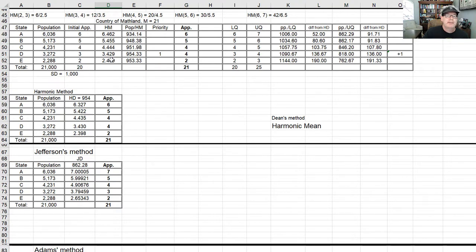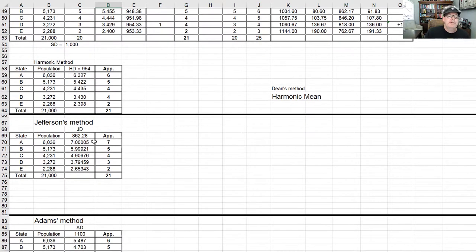So find the harmonic mean from where to round. And you can see that D is above 3.429, 3.430. So it rounded up, and these others round down. With Jefferson's method, that's just where you round down always. A got the seat instead.